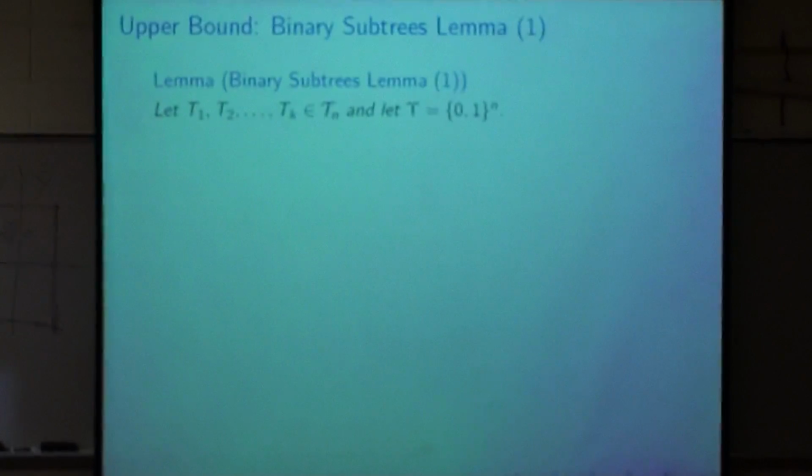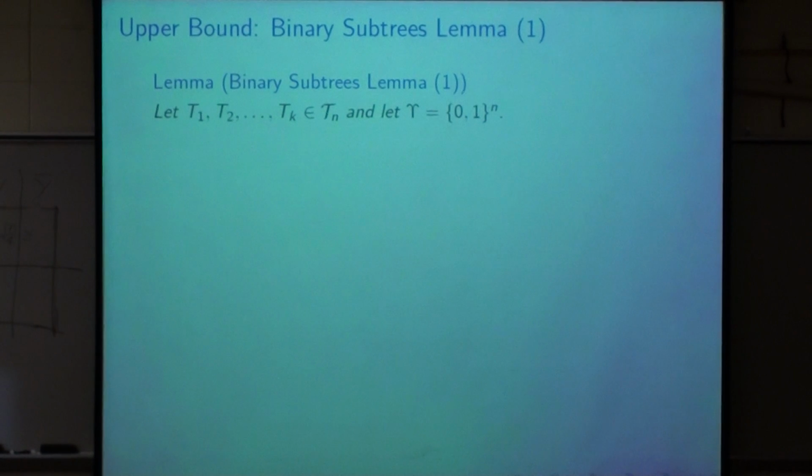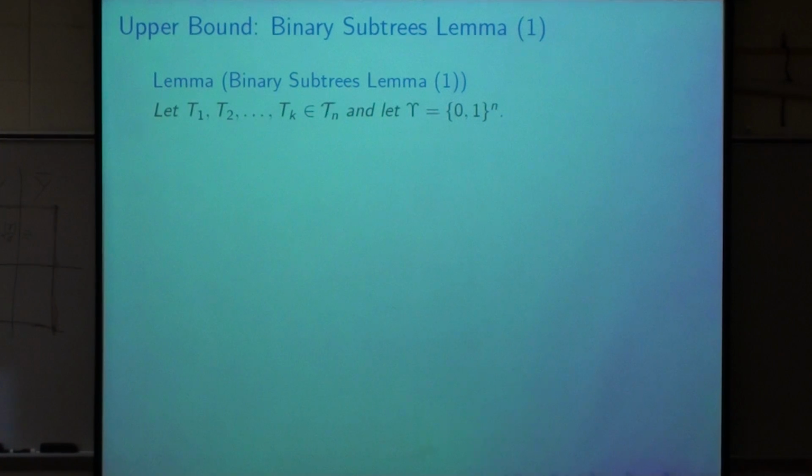Okay, so now let's take these two. I want to show you how these two ideas can combine and give us an upper bound. The idea is that we're going to consider k ternary trees, and we're going to find binary subtrees in all of them, such that the union of all of the path labels used in any one of those subtrees that we select has small size.